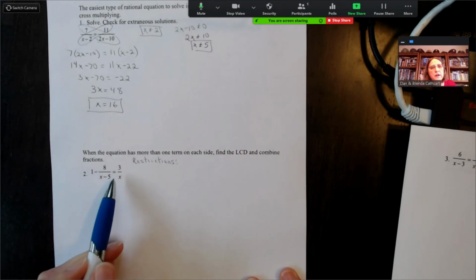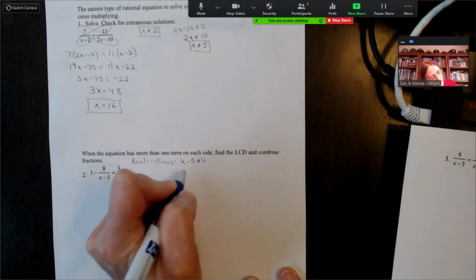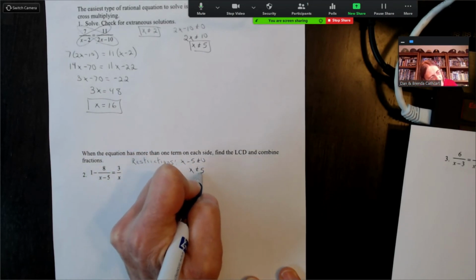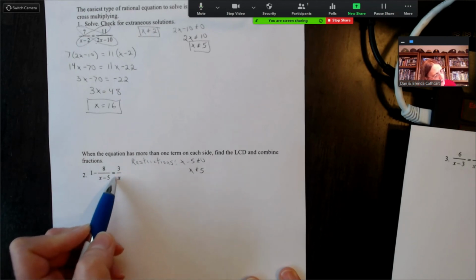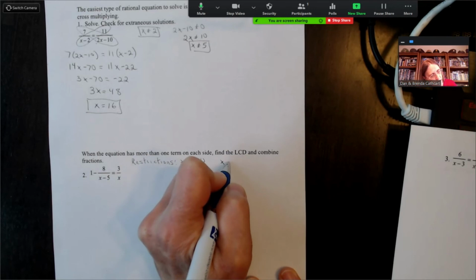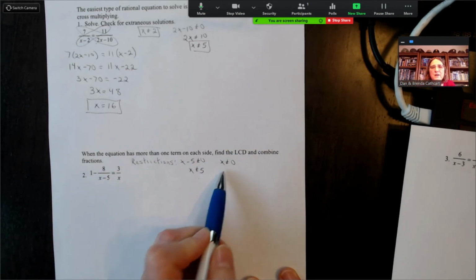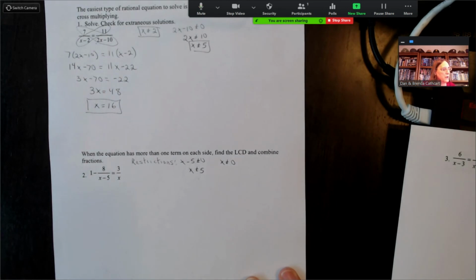Remember, our denominator can't equal 0, so x minus 5 can't equal 0, which means x can't equal 5. And in our other fraction, x is in our denominator, so x cannot equal 0. Those are two restrictions that cannot be solutions to this rational equation.